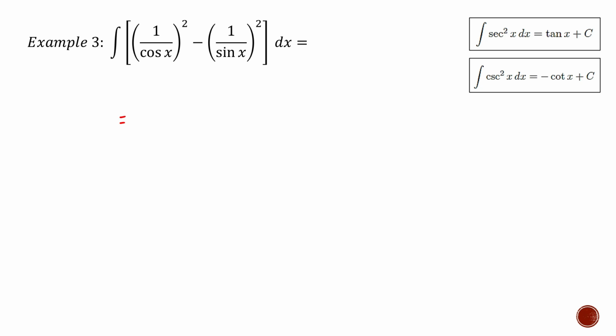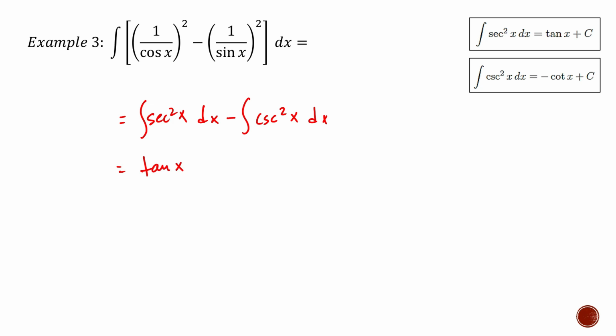Let's simplify first the expression that we have here. 1 over cosine square is secant square x dx, and then minus 1 over sine square is cosecant square x dx. So the antiderivative of secant square x dx is tangent x, and the antiderivative of cosecant square is negative cotangent x.